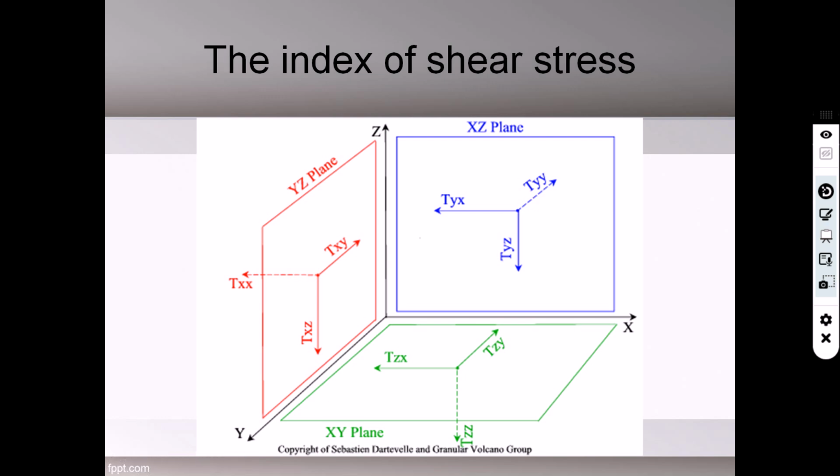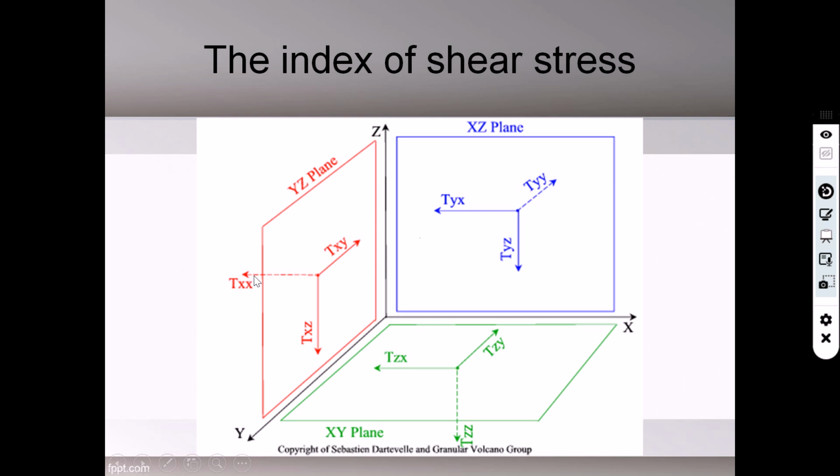And what does that mean? That means if you use this shear stress and multiply by the plane area of this YZ plane, you get a force. The direction of that force is indicated by the second index.